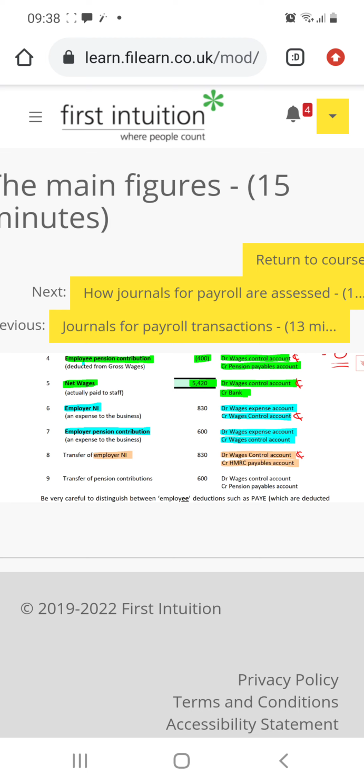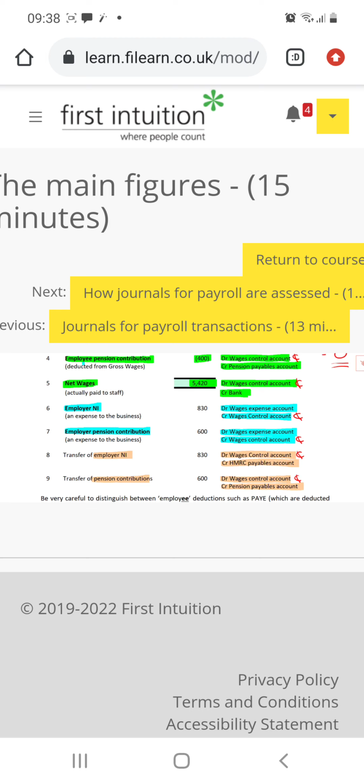So fine, I have dealt with the employer's national insurance part properly there. And in terms of the pension contributions, again, debit my wages control, and actually create the liability there for the pension payable, because I need to hand that money over to whoever the pension company is.